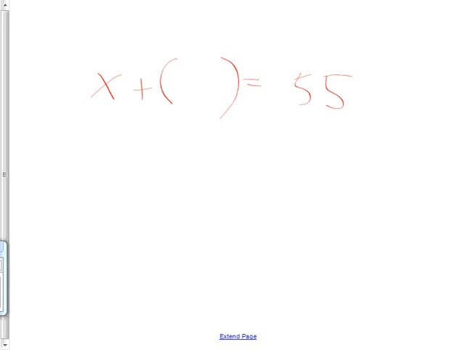X plus what would make 55? 55 minus x. The only problem with saying x minus 55 is that the 55 is bigger than the x. So we have to say 55 minus x. All right. Okay. So that was even a little bit of a tricky acid problem.